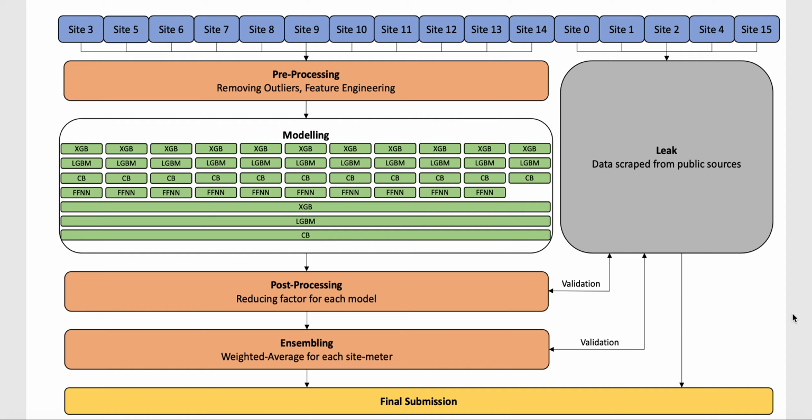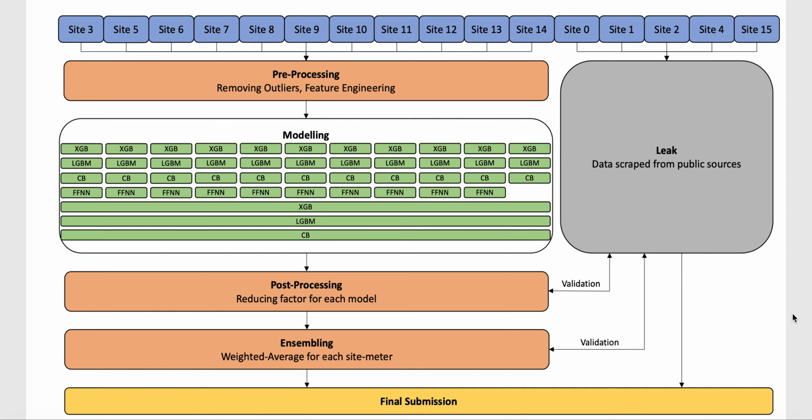So the next step is the post-processing. This ties in to the outlier removal and pre-processing that was done. Since we removed a lot of observations where the meter reading was 0, it artificially inflated the mean of the target variable of our training dataset.